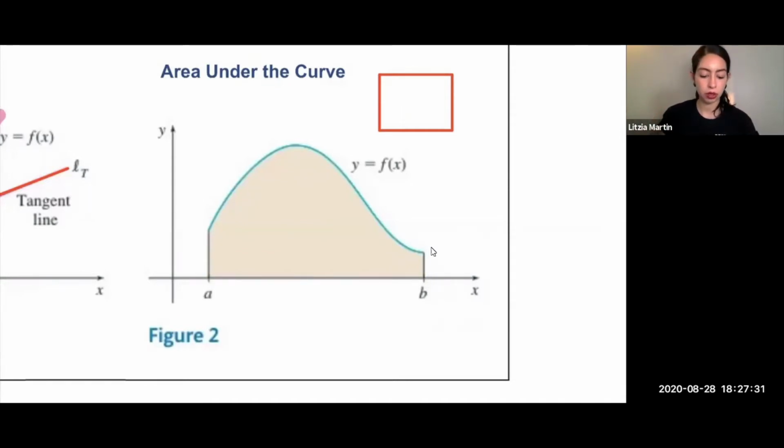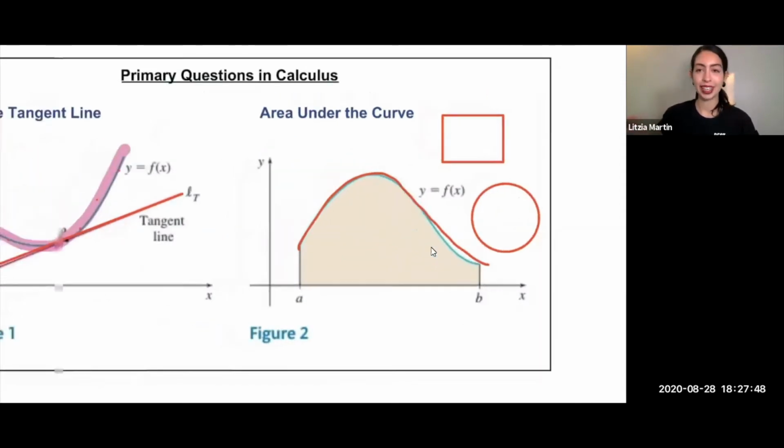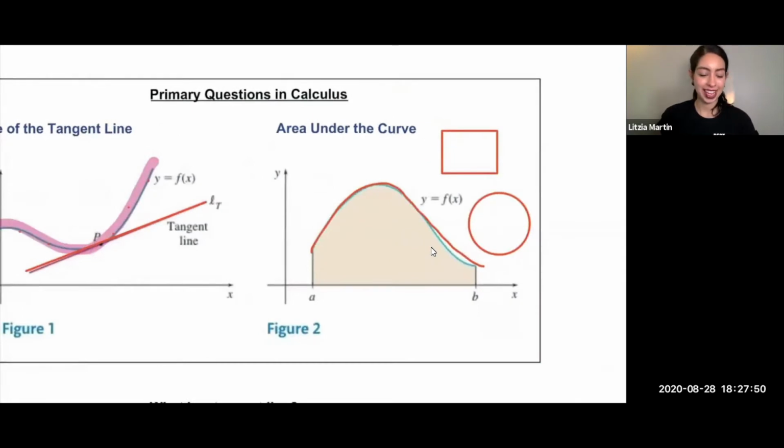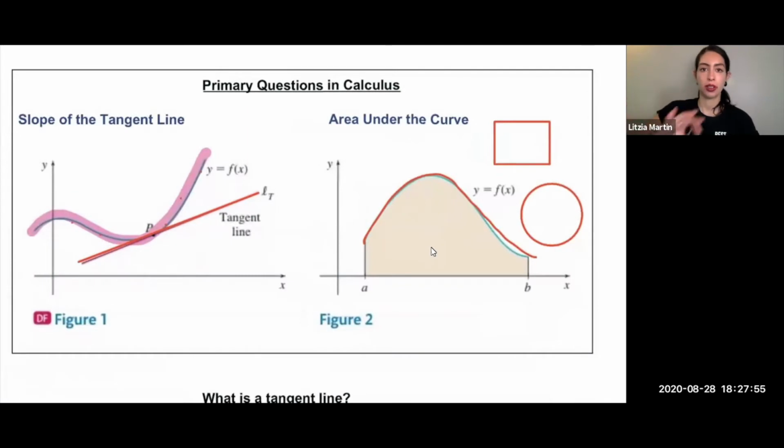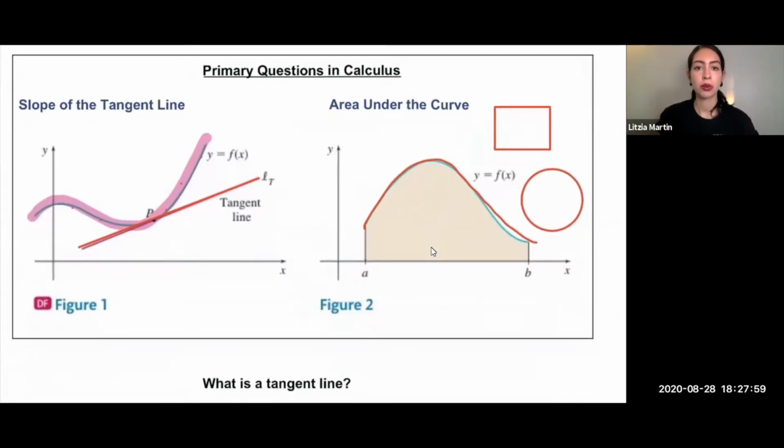However, when it comes to circles or just any kind of irregular curve, finding the area underneath that became a challenge, and it was something that mathematicians wanted to figure out. So in comes calculus.